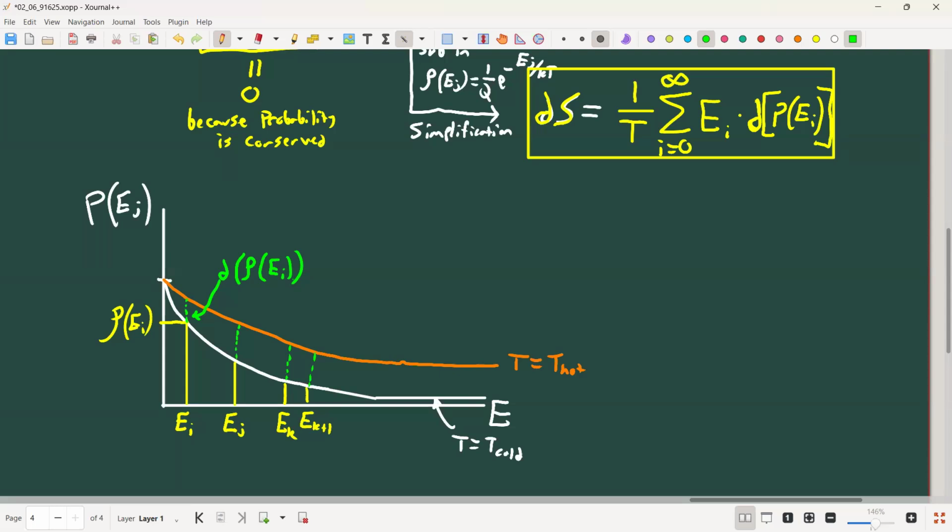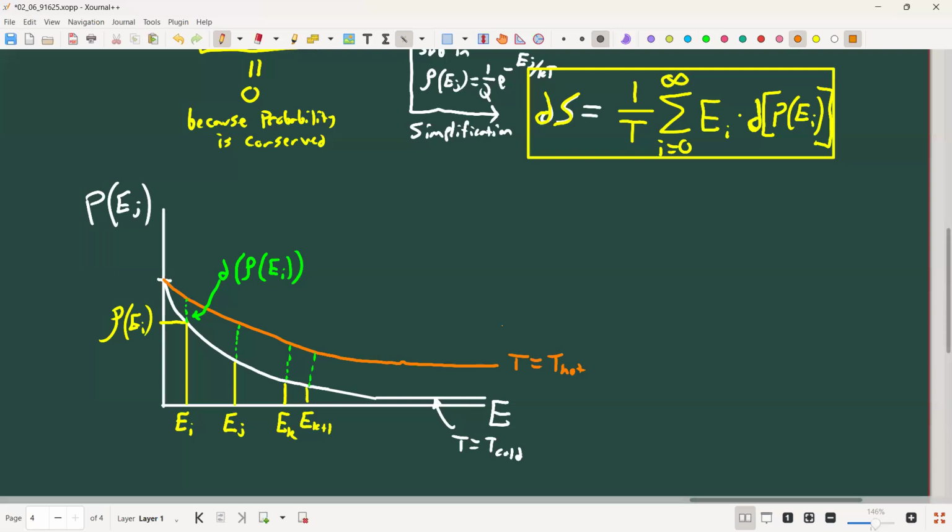But it's multiplied by the energy of itself, E sub I. And I'm going to sum from E sub I to E sub j and all those different numbers. And so when I do this calculation, and I calculate the difference of the entropy at this point to this point, I have an entropy for each.